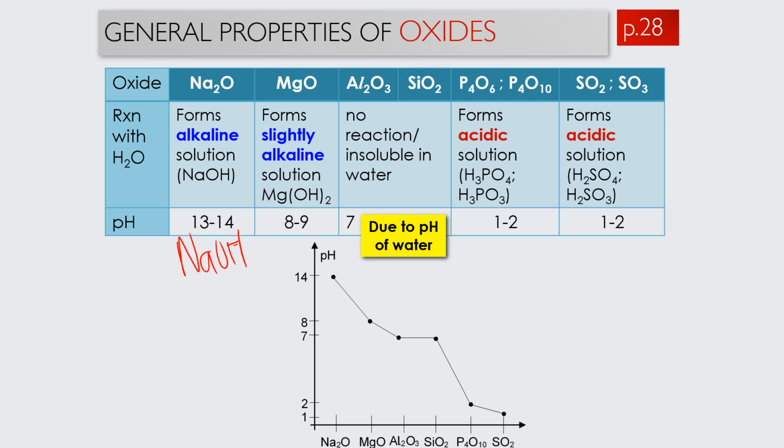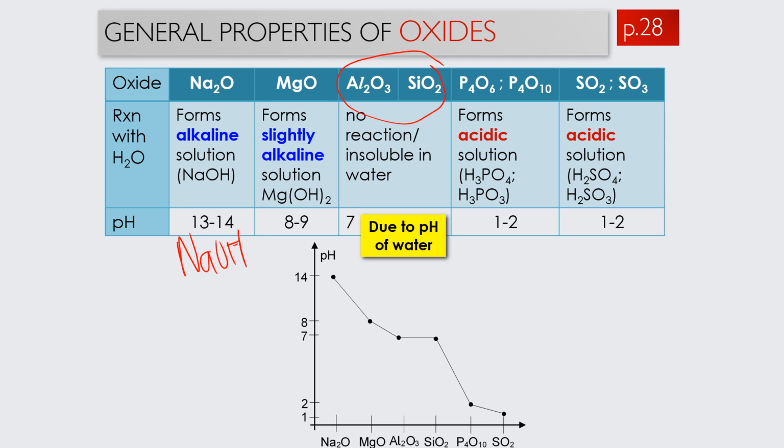MgO, magnesium oxide, will react in water to form magnesium hydroxide, which is sparingly soluble, and therefore the pH value of the resulting solution is only slightly alkaline, 8 to 9. For aluminium oxide and silicon dioxide, due to their strong chemical structure, you will find that they are insoluble in water, and therefore the pH of water is not changed.